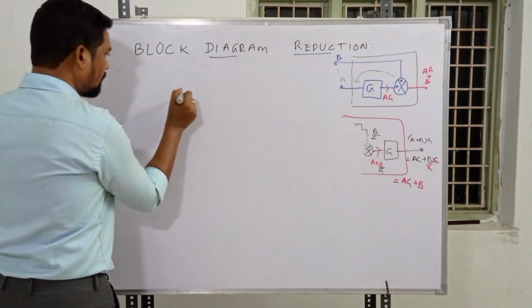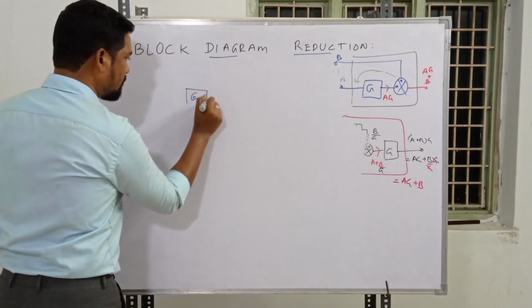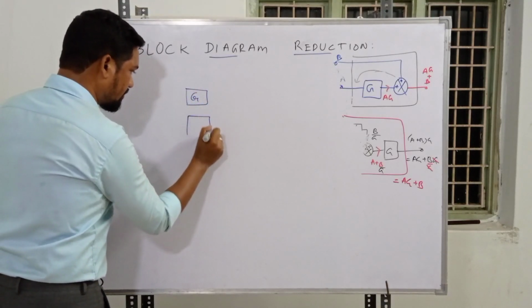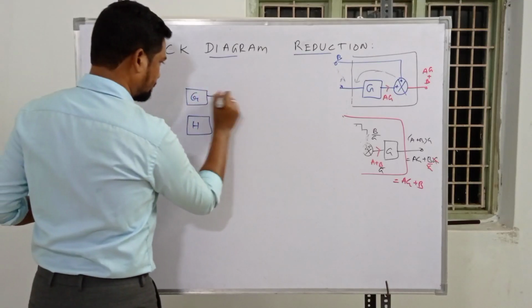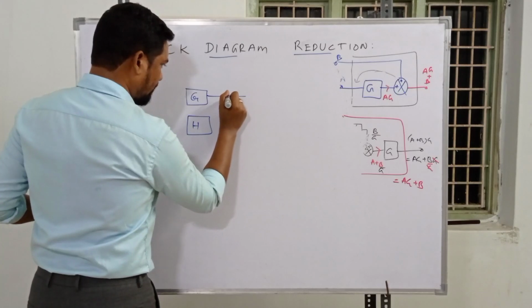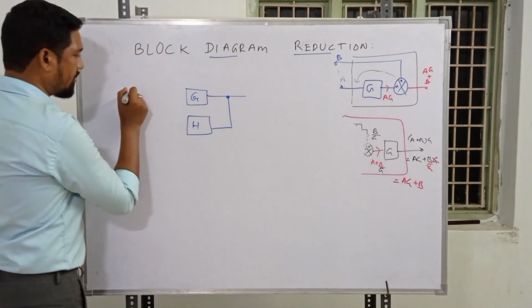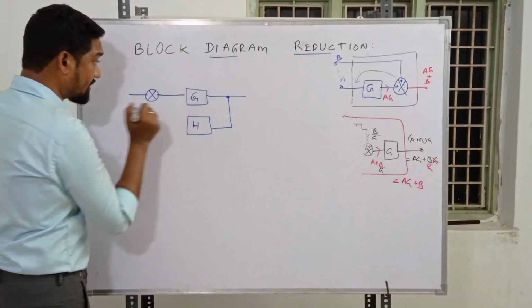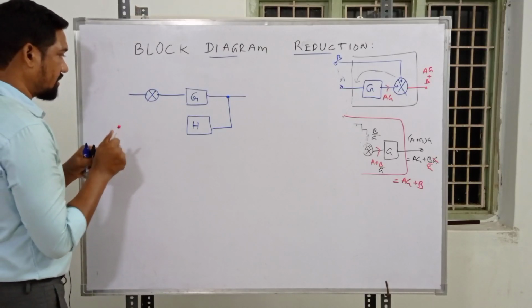So two blocks like this one, a block with the transmittance G, and another block with a transmittance H, right? And a takeoff point from here, a feedback, and a summing point from this side given to this one, a signal. Make sure of the signal flow direction.